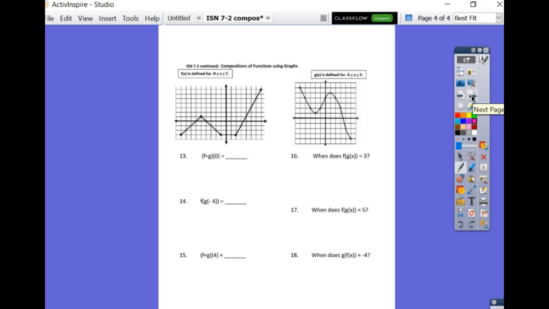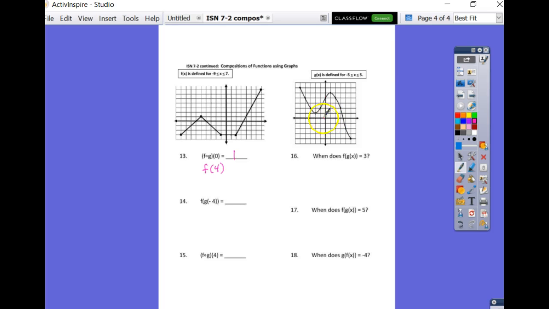So does it matter if it's written with the circle or the parentheses? It doesn't matter. So I start in the middle, g of 0. This is my g. G of 0 is 1, 2, 3, 4. So my y value is 4. I go here, 1, 2, 3, 4. It's 1. So here I have g of negative 4.